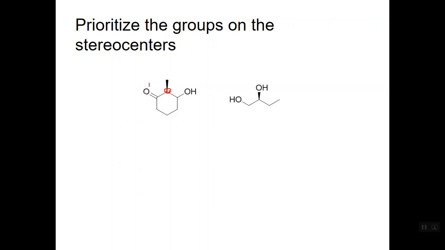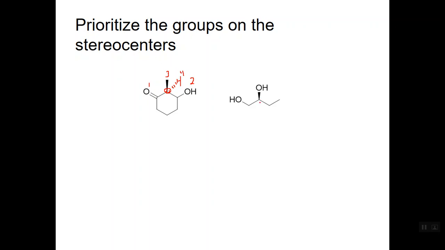The oxygen here has highest priority, then we have the hydroxide, and the methyl group comes 3rd. And there is a hydrogen back there, it's just not drawn. It's going to the back, and that has the 4th priority.